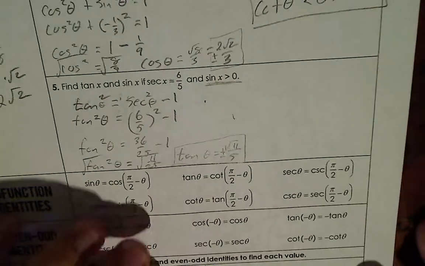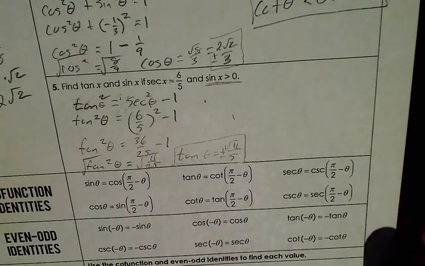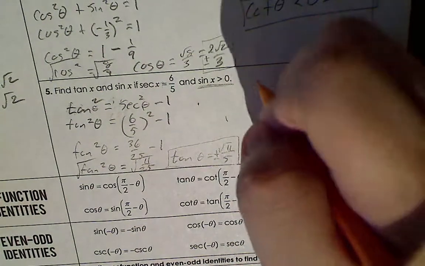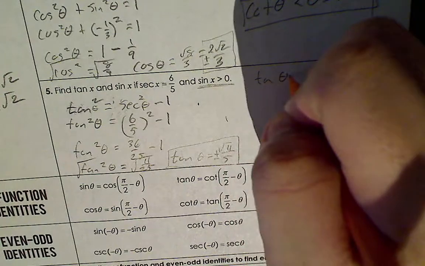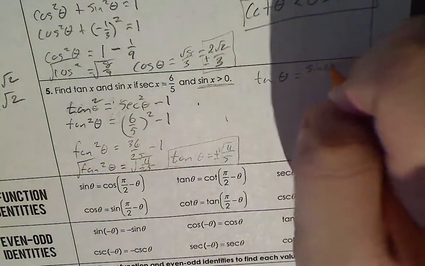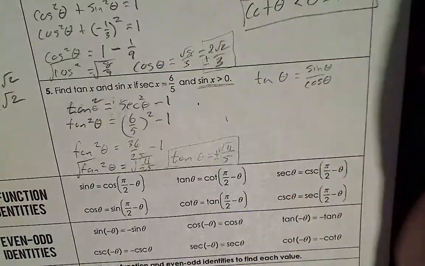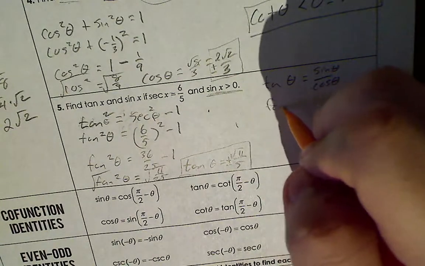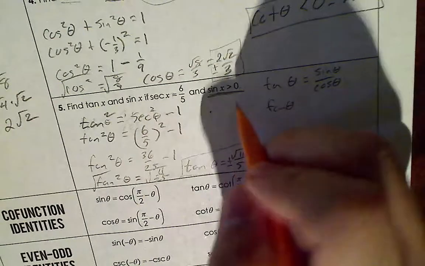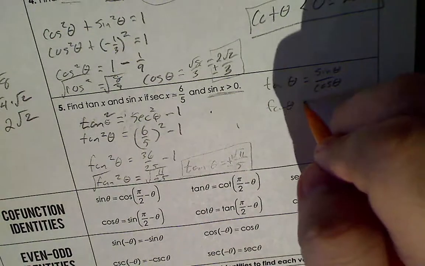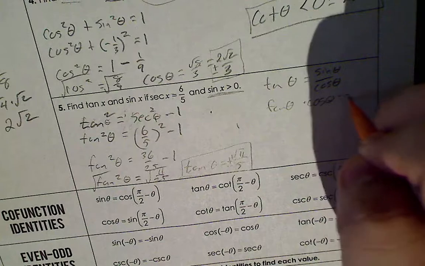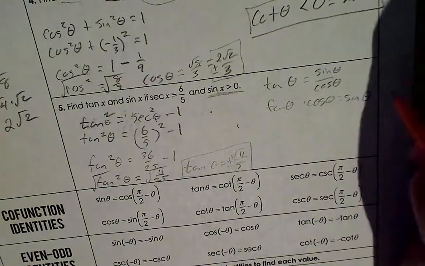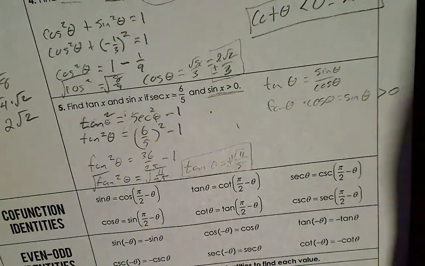All right, so I just wanted to be sure how I wanted to approach this, the easiest way to do this. And the easiest way to do this is to use tangent of theta equal to sine over cosine. Okay. And so what happens is this becomes the tangent of theta. And again, I know it says x here. I'm used to using theta just out of my own habit. Gives me my sine theta. And the answer I'm going to get using this is going to have to be greater than 0.